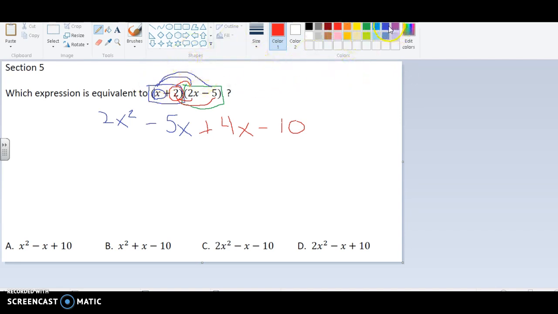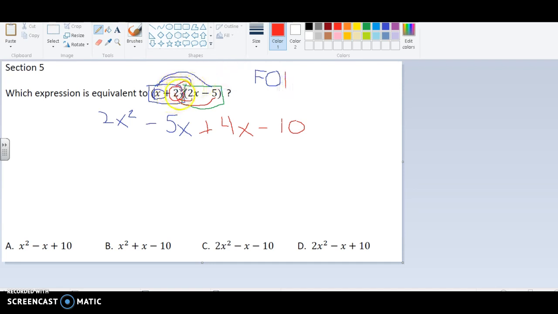So our blue was the first two terms next to each other first, and then we did the outside terms, so the blue x times the -5 are the two terms on the outside, so that's O. And then when we switch to the red, now I'm on the inside 2, and I do the inside 2 times the other inside term, so that's called the inner.